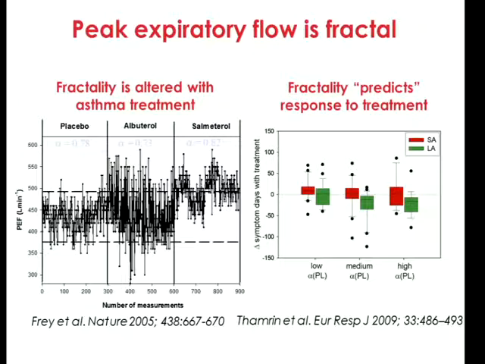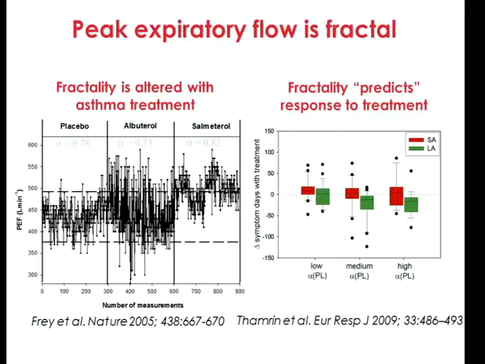Then there were 6-month measurements where the patients were taking a certain type of short-acting drug, and another 6 months where they were taking a long-acting asthma drug, and he found that these slopes changed depending on what treatment you were on. That's quite tantalizing, and that's why some people are quite interested in the potential implications of measuring these slopes.